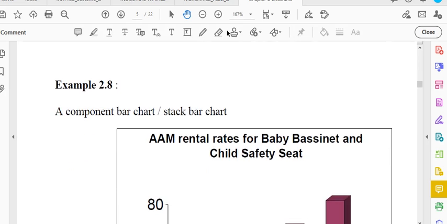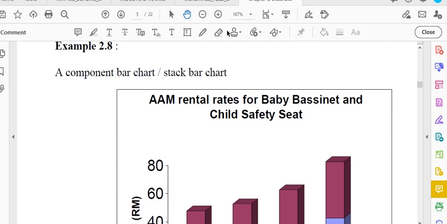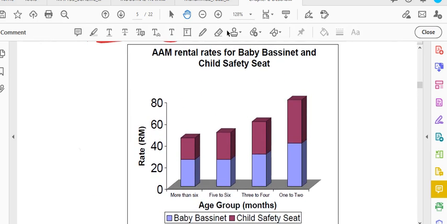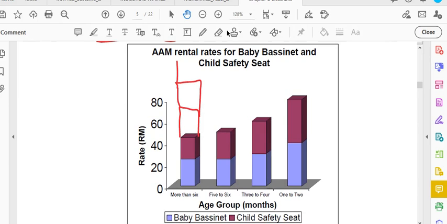How about component or stack bar chart? What is component or stack? From the word stack it should be clear. Component means stack, meaning the one whole bar will be stacked up. Let's say you have 3 components, so you stack them up, but you have only one whole bar, stacked differently.